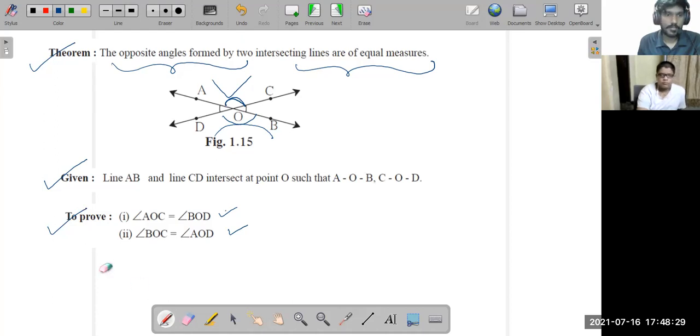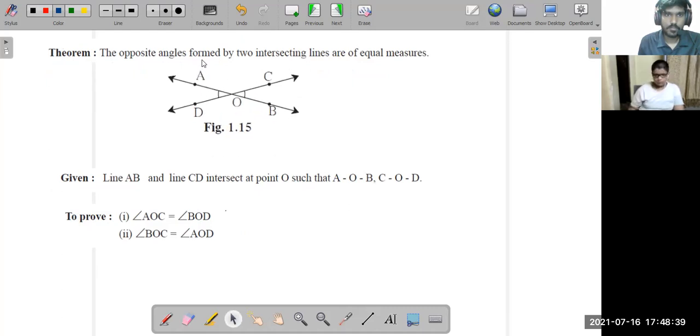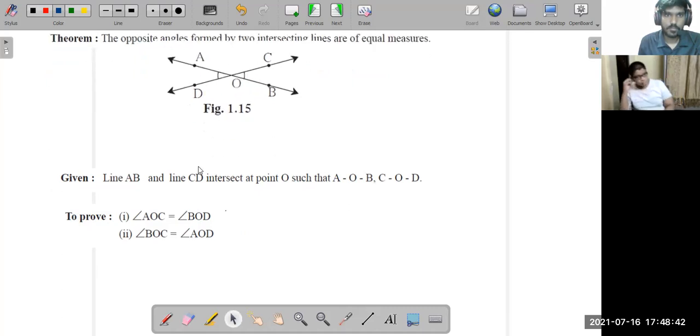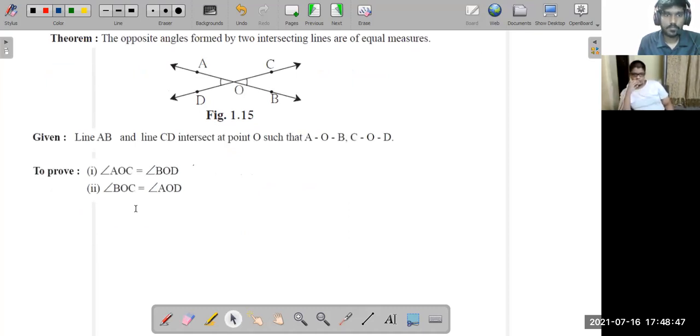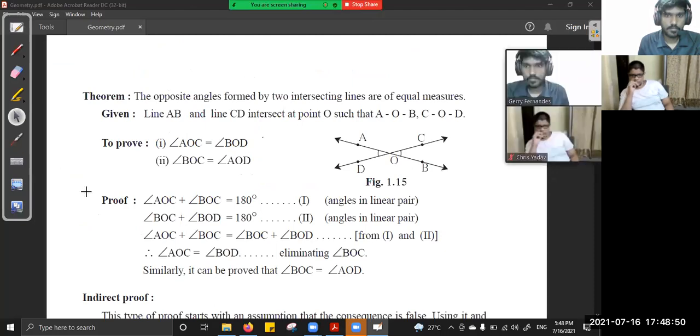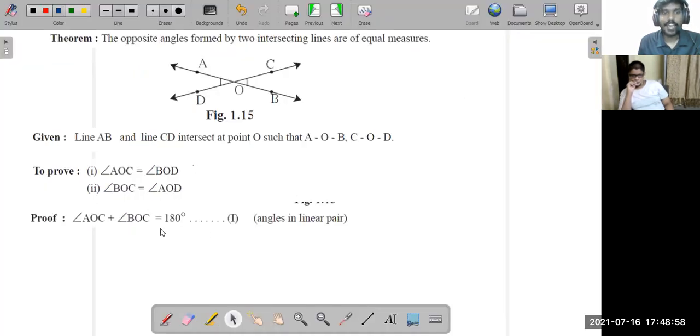Yes, sir. Okay. Now let's start with the proof. Now we have to start with the actual proof. Now, if you see angle AOC, do you remember what angles in a linear pair are?